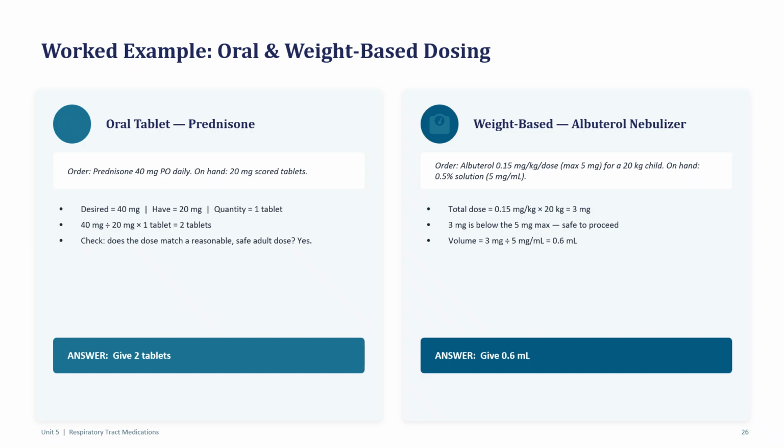Yes, then the medication is safe to proceed. The third step is to convert to volume using the 5 milligram per milliliter concentration on hand. 3 divided by 5 gives you 0.6 milliliters. Notice the extra step compared to the adult example. With a weight-based pediatric order, you always check the max before you draw anything up, not after.